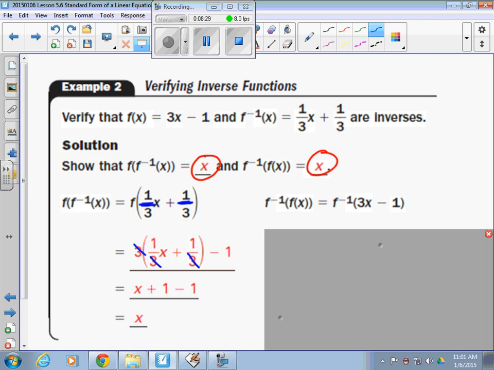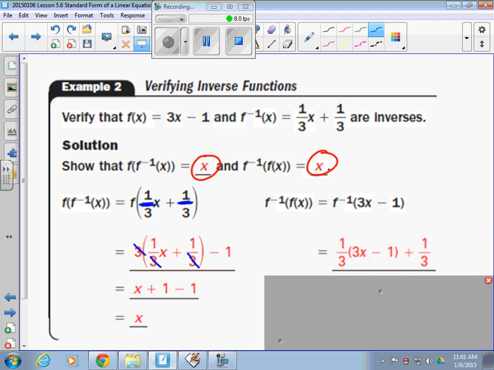Same thing's true for the other one when you're talking about the inverse of f of x. 1/3 times 3x minus 1. This time we're canceling out, just like the last one we canceled out dividing by 3. Now we're canceling out multiplying by 3x.